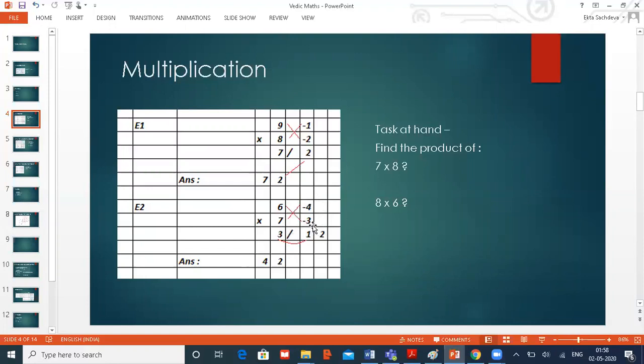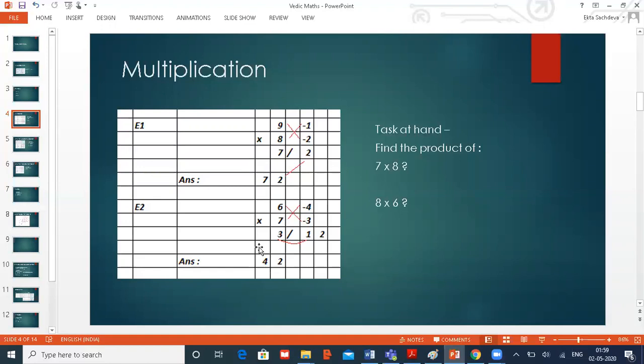Now here comes the problem because when I multiply 4 and 3, I get 12. Now, out of this 12, what do I do? I take 2 here, and 1 is carried over to the next place. 6 minus 3 is 3, same. 7 minus 4 is also 3. But this 1 gets added to 3. So my answer comes out to be 42 in this case.